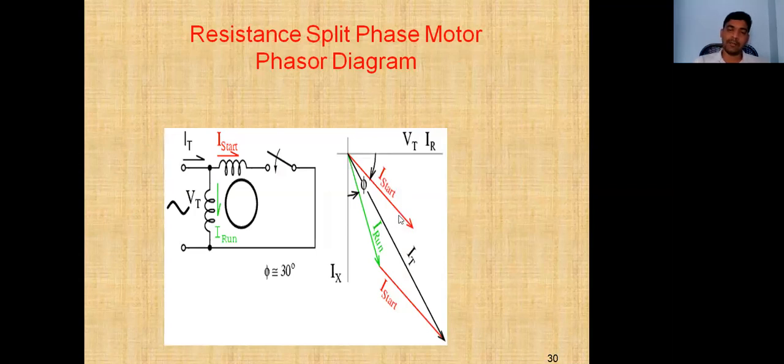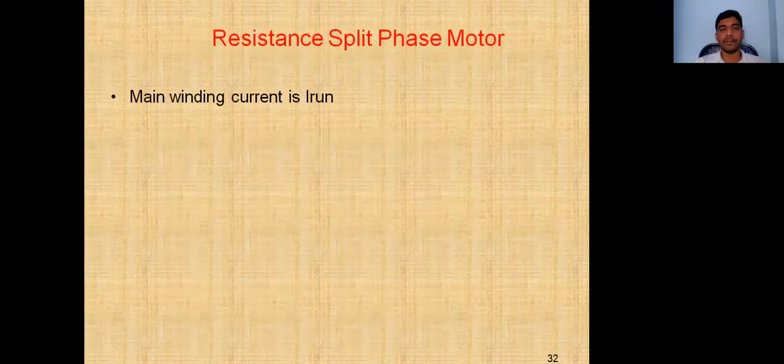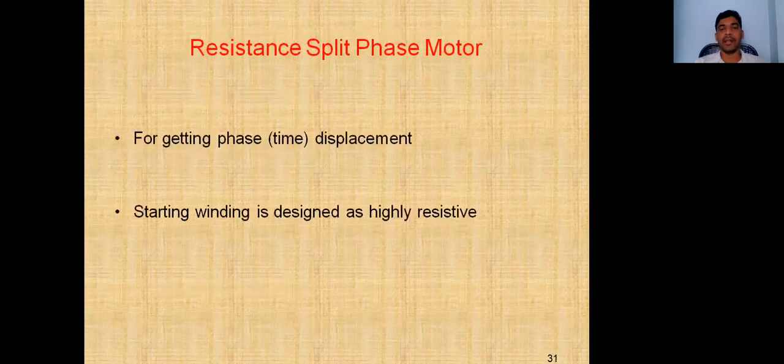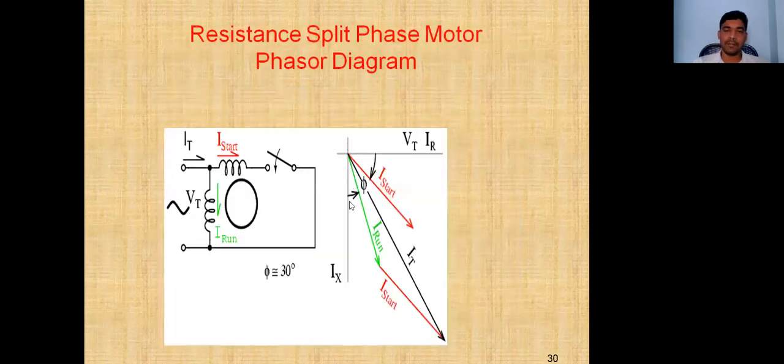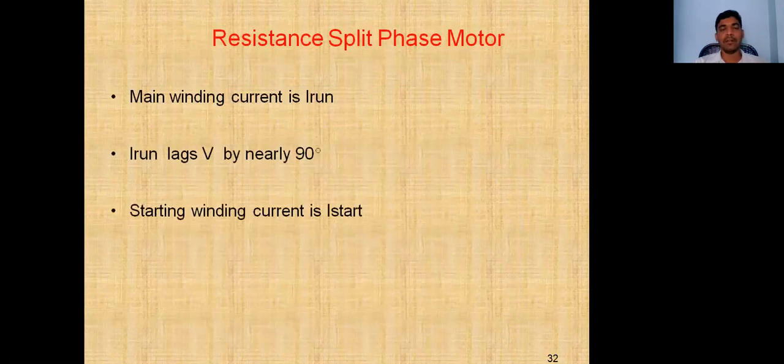The main winding is reactive. The main winding current, the running current, lags the voltage by nearly 90 degrees.